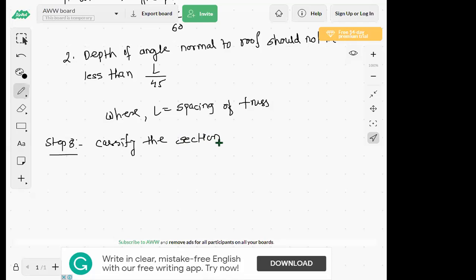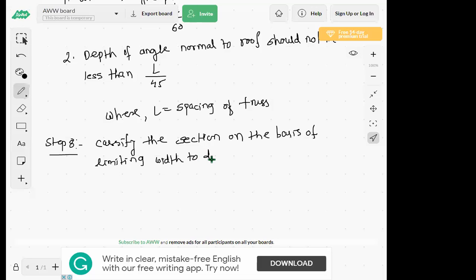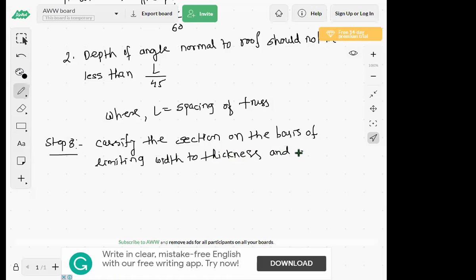Whatever angle section we selected, we have to classify that angle section on the basis of limiting width to thickness and depth to thickness ratio.